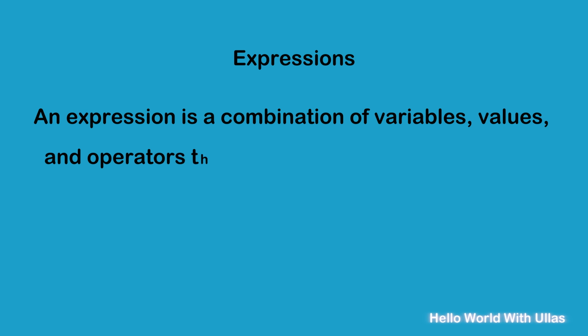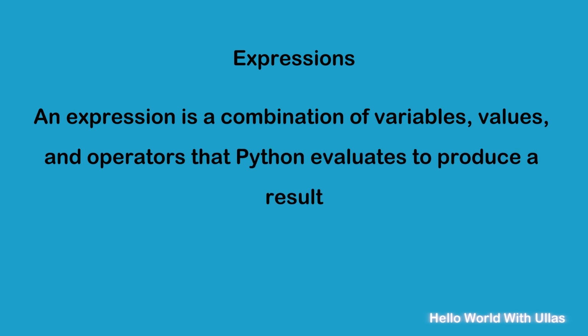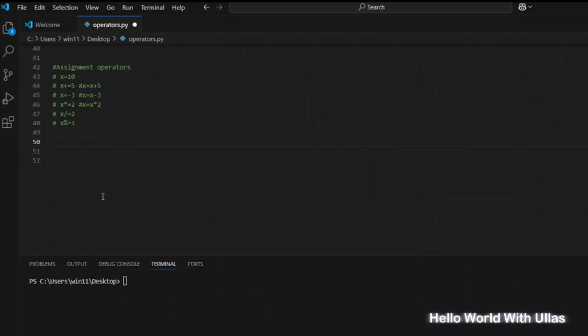Now we'll understand what an expression in Python is. An expression is a combination of variables, values, and operators that Python evaluates to produce a result. For example, we have a variable result equal to, in the parenthesis, 10 plus 5, multiplied with 2 divided by 3.